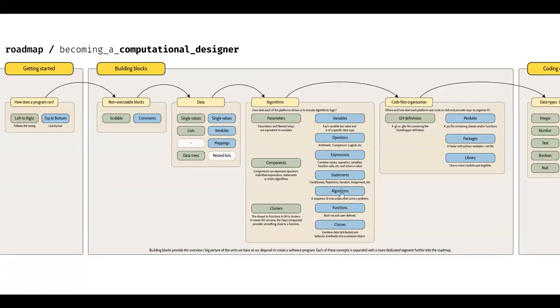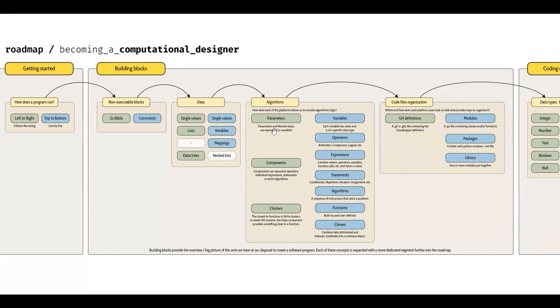Now, the next building block that we can use is aggregating these algorithms, making them reusable into functions. If we wrap an algorithm in a function, we can reuse it later on. There are built-in functions that come with Python, and we can define our own user-defined functions whenever we want.